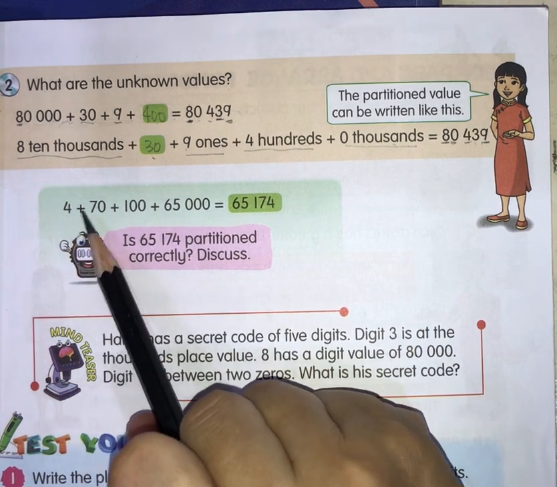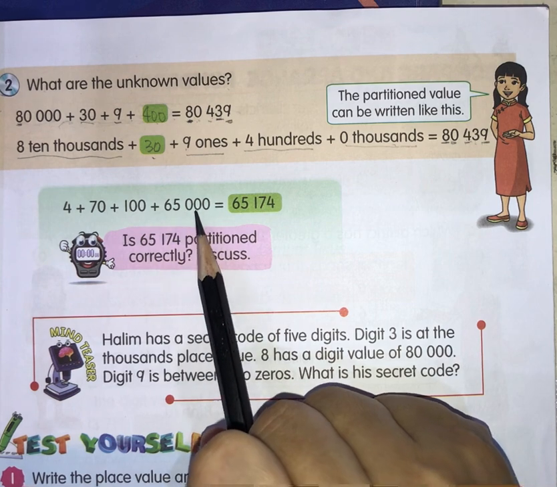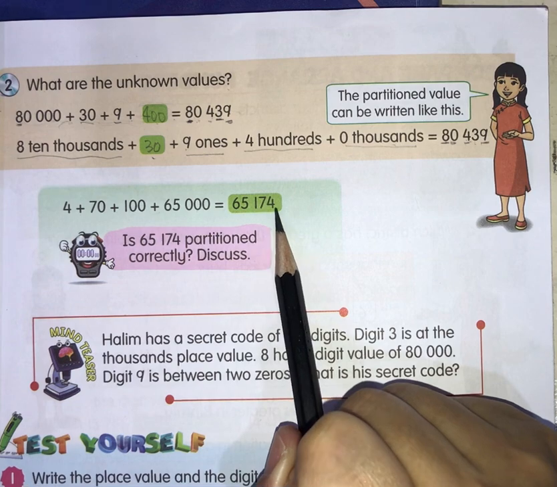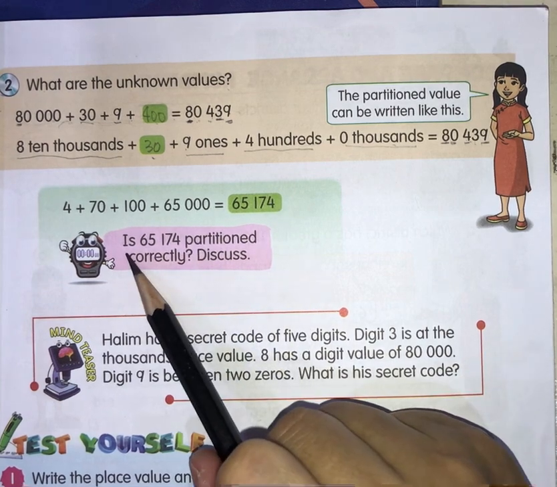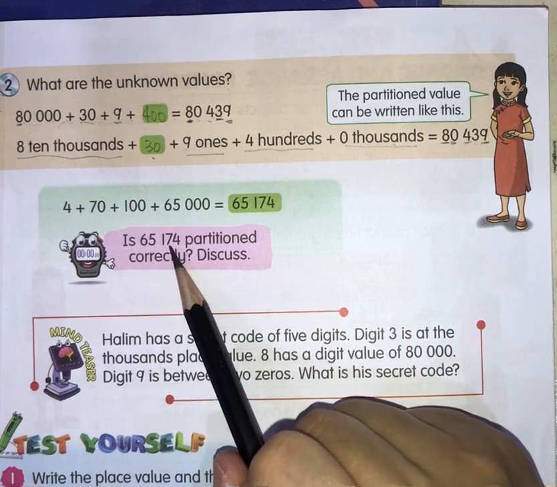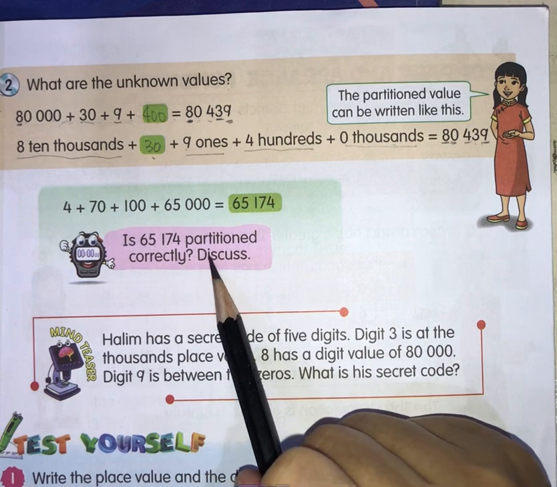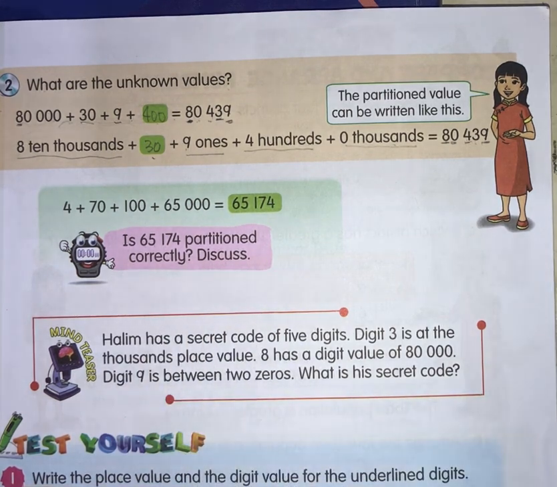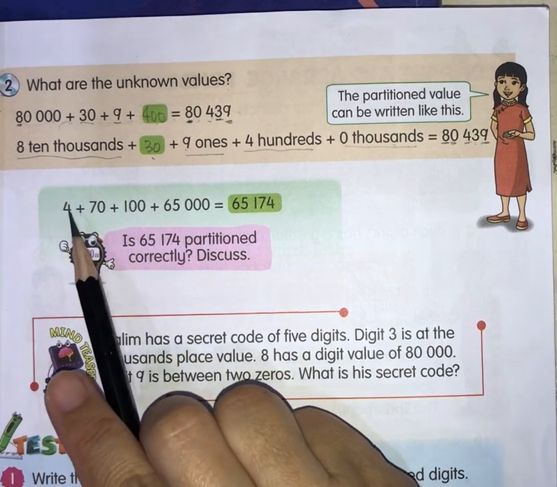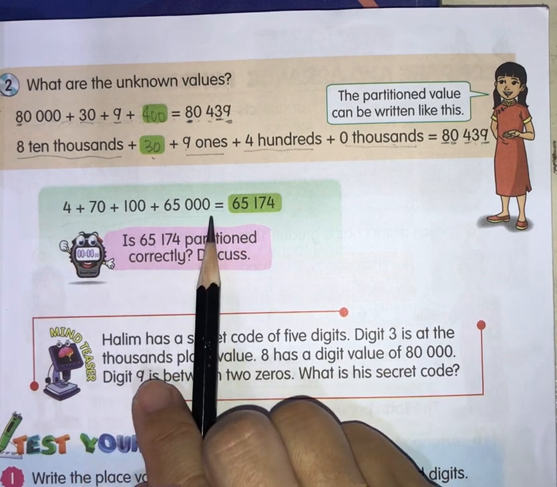4 plus 70 plus 100 plus 65,000 equals 65,174. The question here is, is 65,174 partitioned correctly? Discuss. Can we do the partition of this number like this?